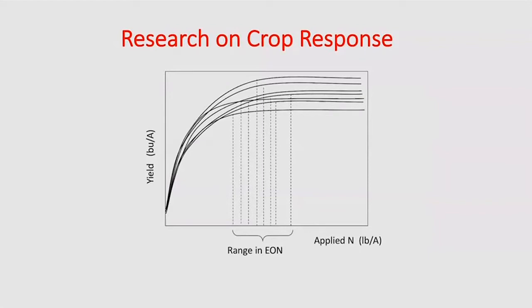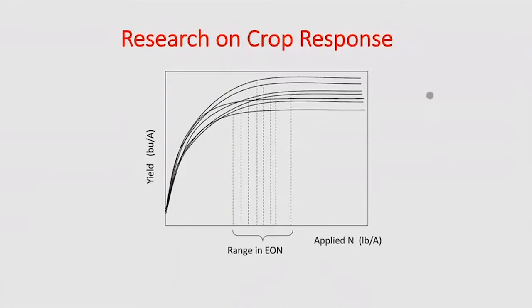And so you get a family of curves like I've depicted in this graph, where we see the amount of a nutrient applied versus the yield, and it'll be a little bit different from study to study. And you end up with critical levels, as you see drawn here in the vertical lines, that are a little bit different for each one of these curves.